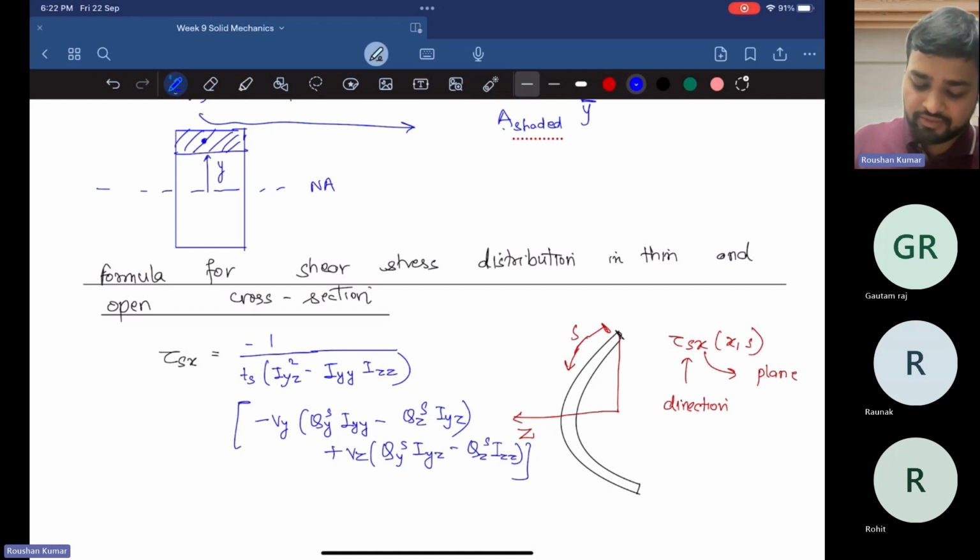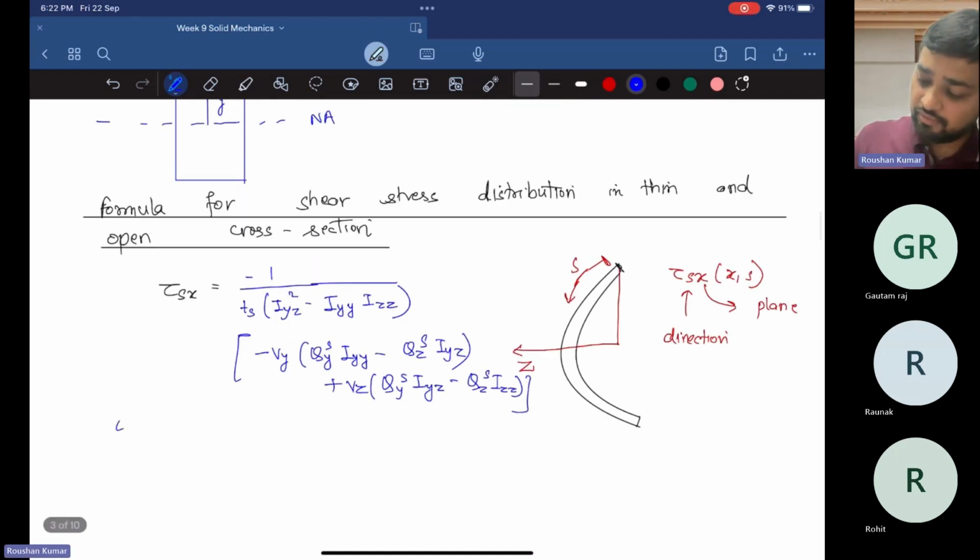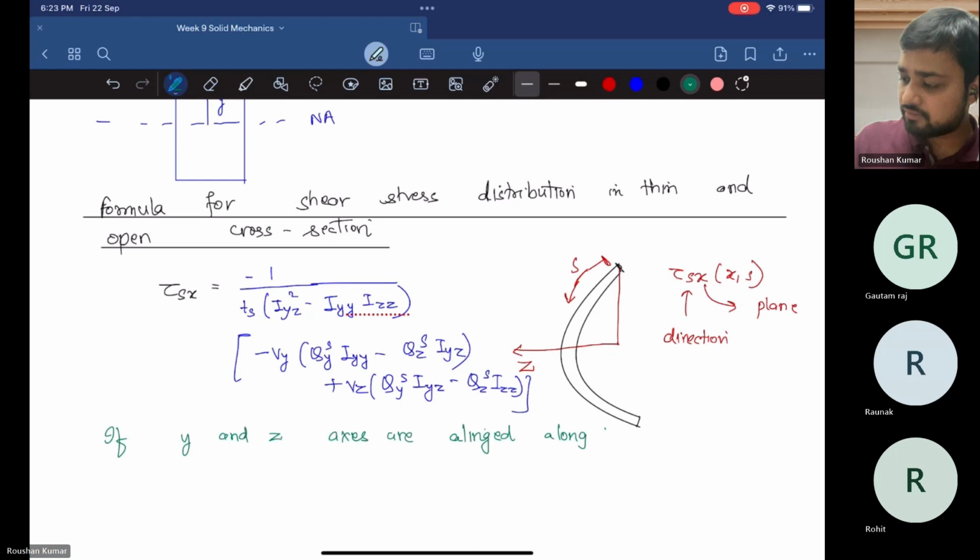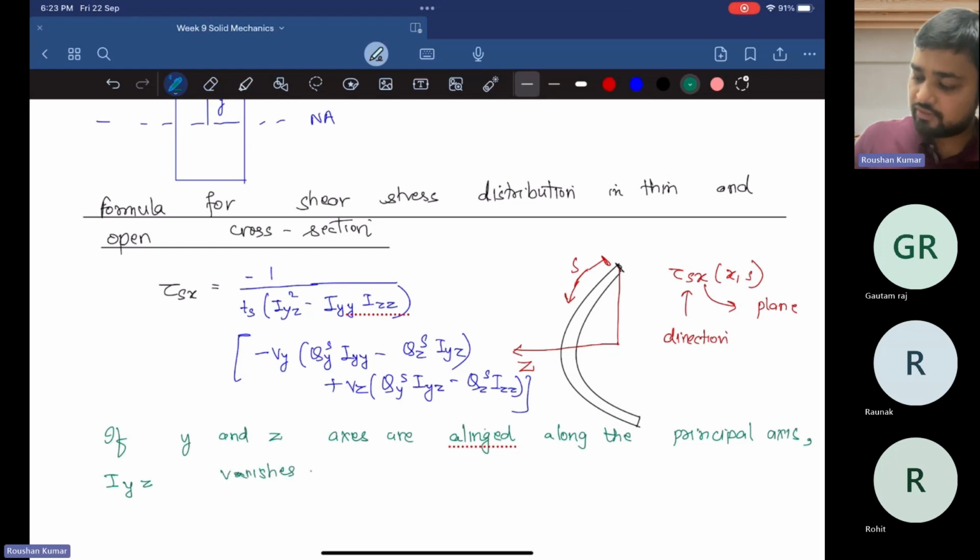And if we consider the special case where the y and z axes are aligned along the principal axes, Iyz, the mixed moment of inertia, vanishes.